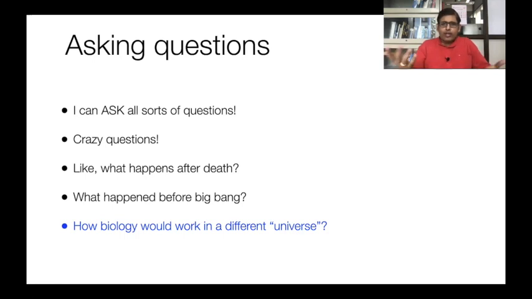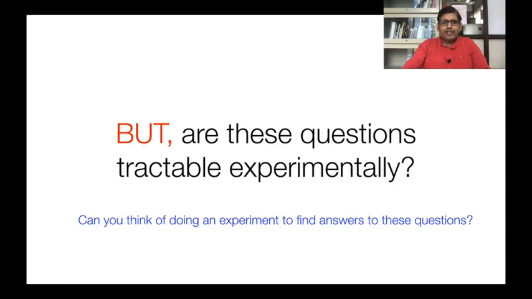So all of these are questions, but you can all see that these questions cannot be answered experimentally. So the important thing is, when we talk about science, immediately ask the question: can you think of doing an experiment to find answers to these questions? If yes, then that would lead to science.